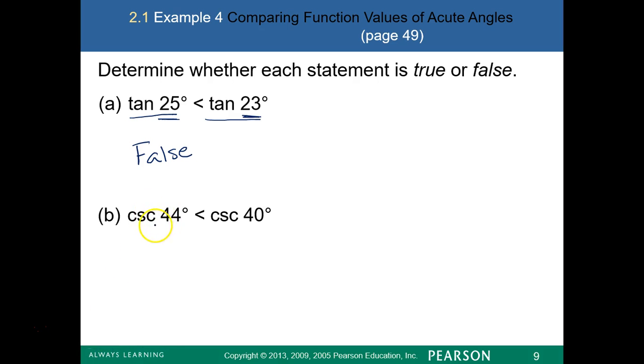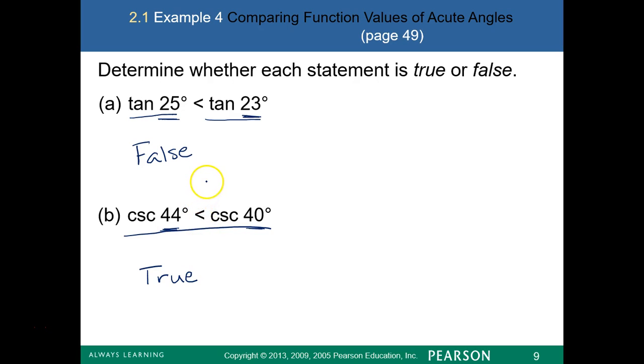So as this value increases right here, then our cosecant value will decrease. So this statement right here is true, that the cosecant of 44 is less than the cosecant of 40. This is true.